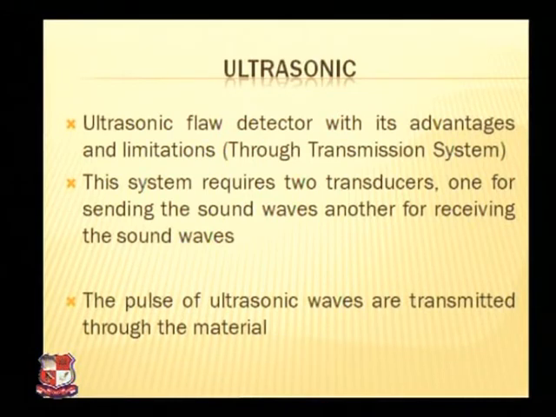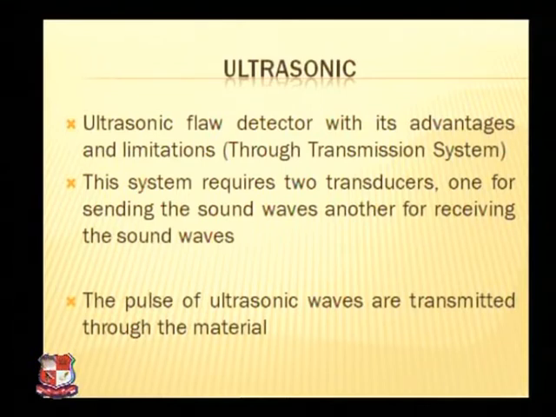First of all, you should draw the diagram perfectly and name it properly. Ultrasonic flaw detector is now the topic of ultrasonics. It is actually the application of ultrasonic waves. While applying ultrasonic waves, you can not only detect the material but also know the size and types of defect inside the material.